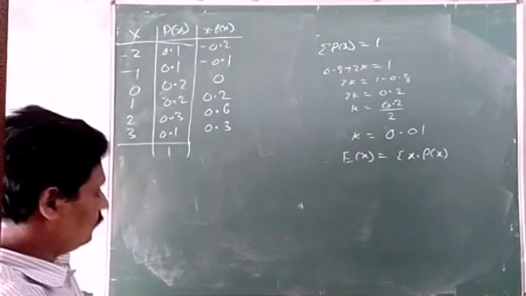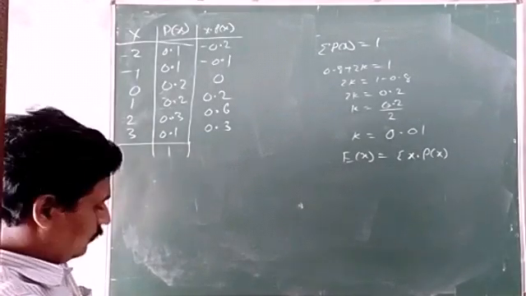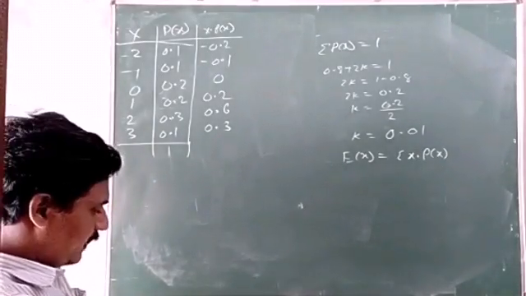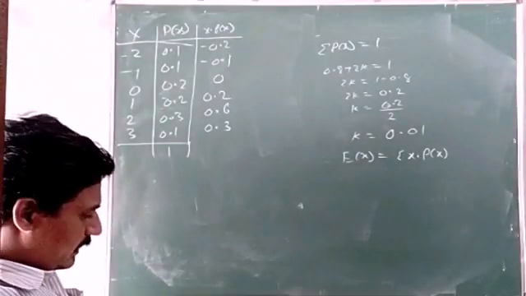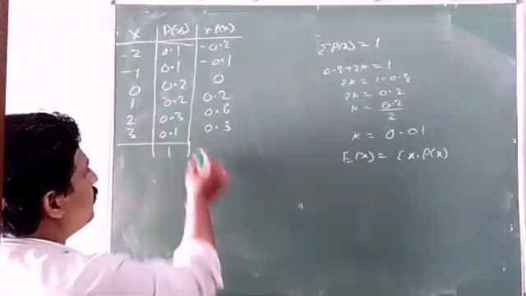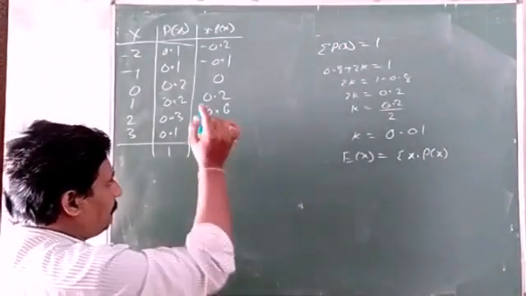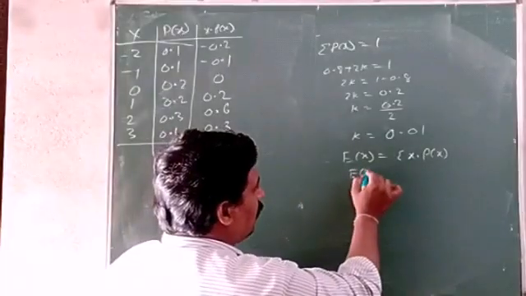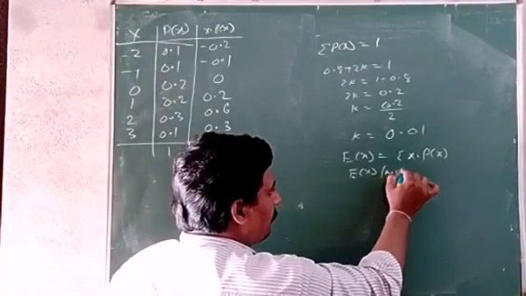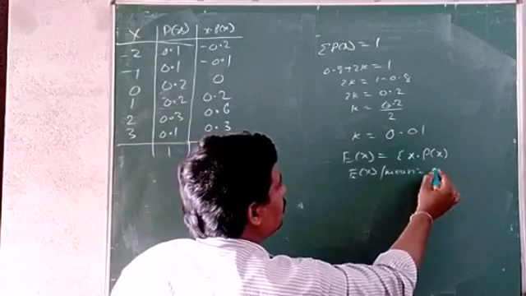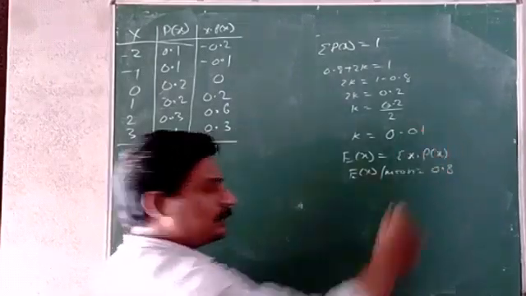So total of this column, 0.3 plus 0.6 plus 0.2 minus 0.1 minus 0.2, that is 0.8. So expectation of x, or mean for the given distribution, is 0.8.